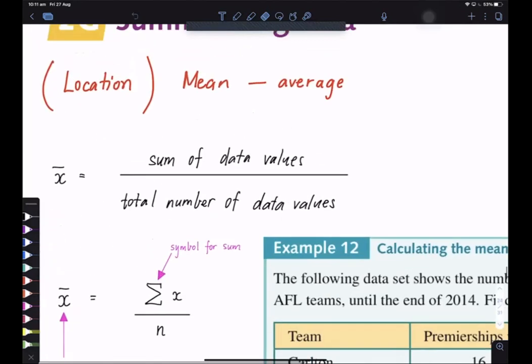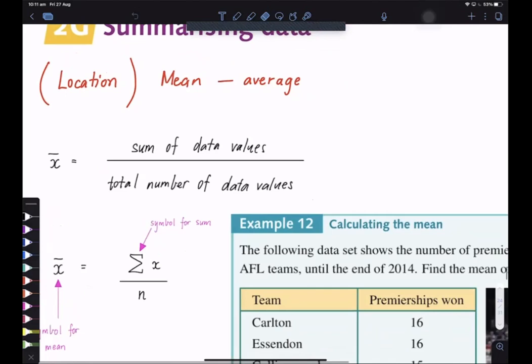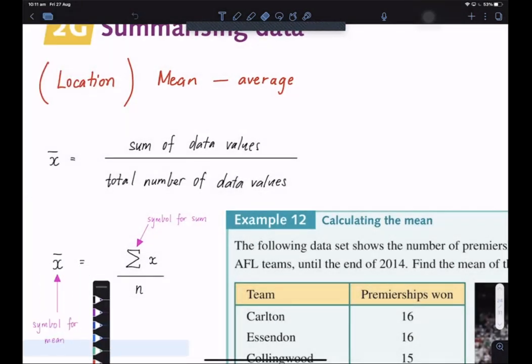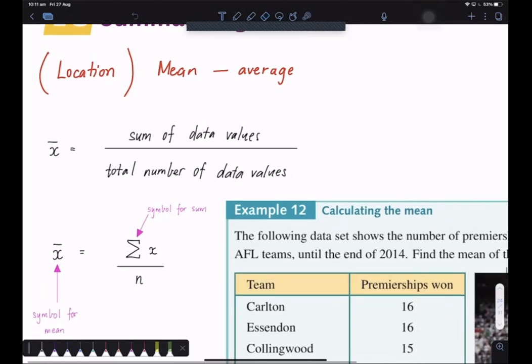You can see here I've written a little note at the top that represents the mean. I've also labeled it here, because you've always learned about the mean last year and the years before, and you think, okay, whatever, I'll just calculate it. I know how to calculate it, but now we're looking at the location.